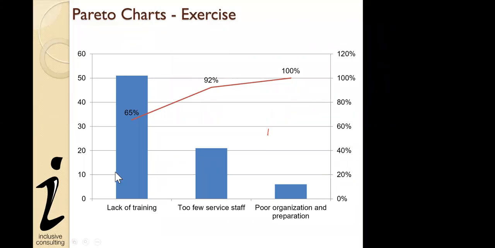what you will find is that if you fix only the training aspect, you would achieve and resolve 65% of your customer service problems. And if you are able to hire even half of the requirement, you can achieve 80%, because the next improvement from 65 to 92 will come from hiring the entire shortfall.